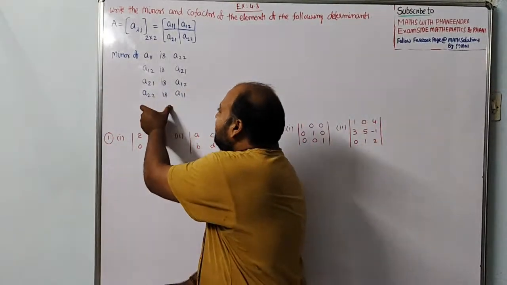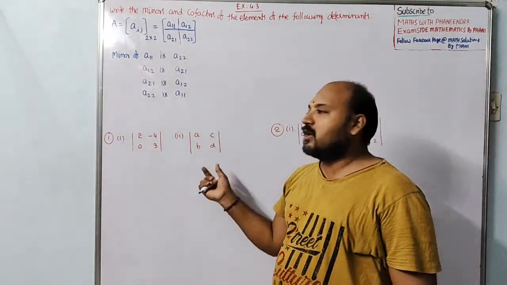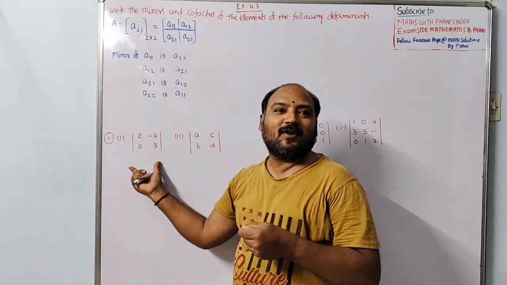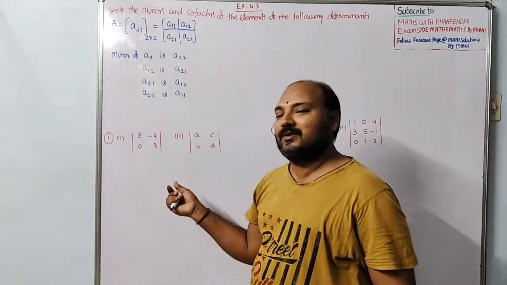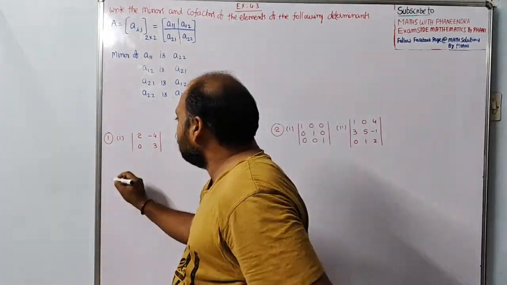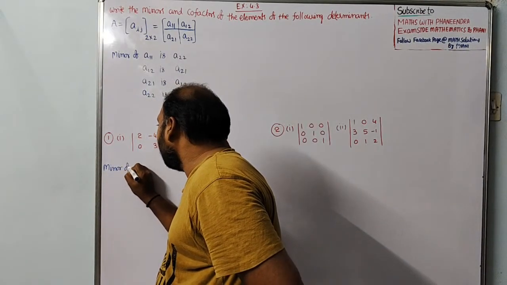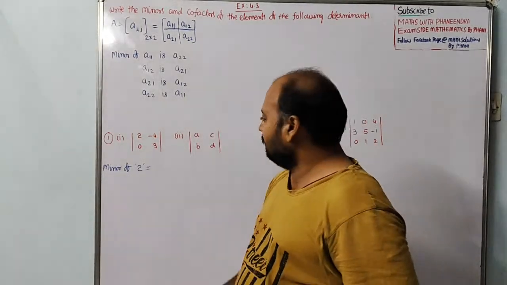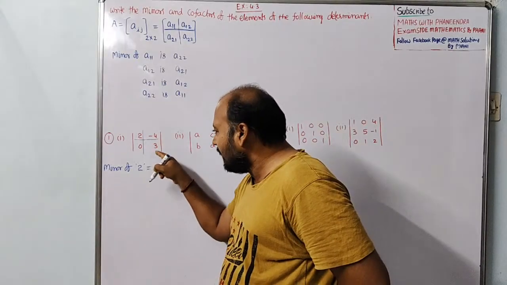So based on this, we will calculate for either this question or this question. If I explain this one, the other is homework. I am explaining this one. So the minor of the element 2: we are eliminating this column and this row, remaining is 3 only, no?